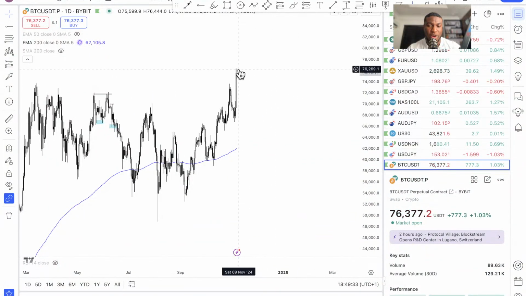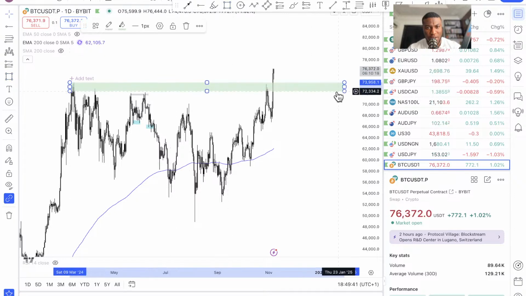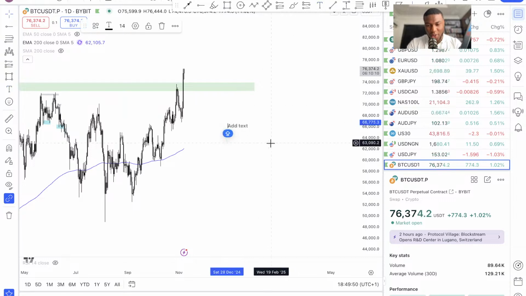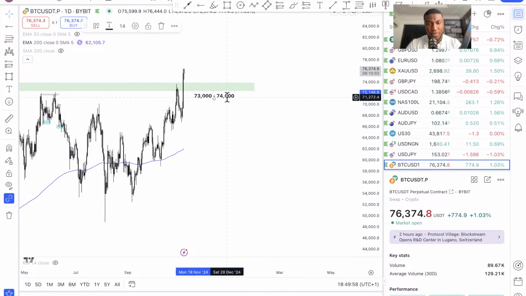I think you can hop on the buys where you get a pullback. Bitcoin will pull back to these zones, this key level that we have here created at around 74,000. So this is where I think we're going to get a pullback on Bitcoin in the coming weeks.